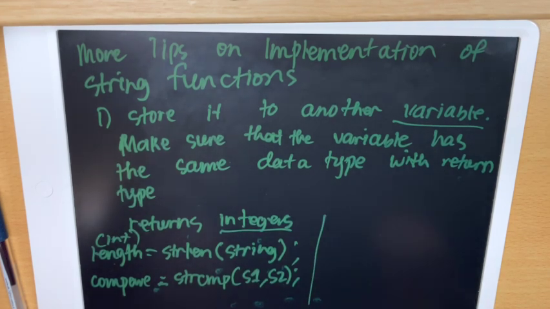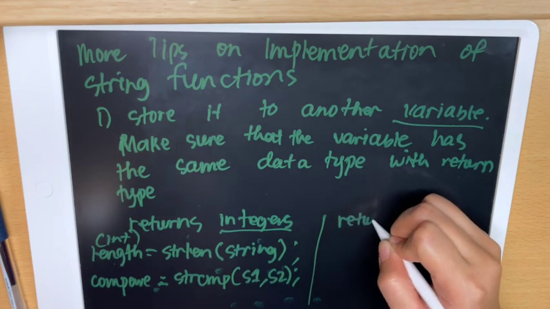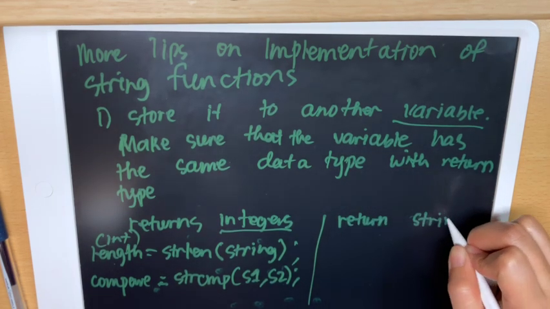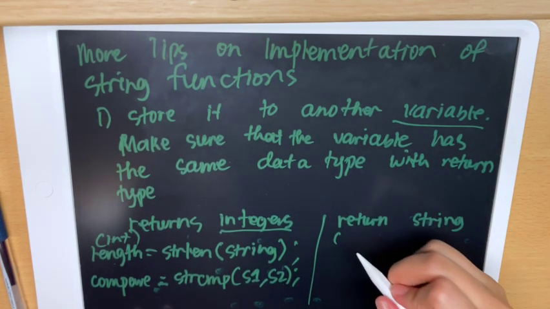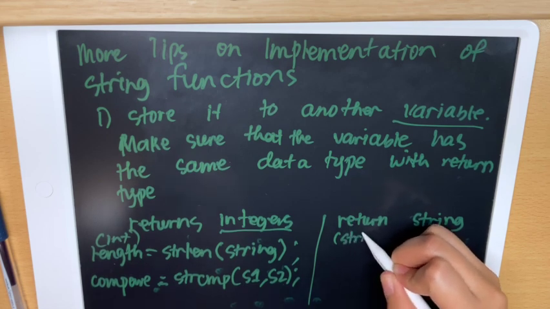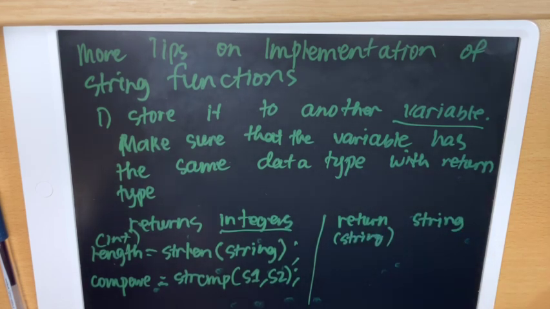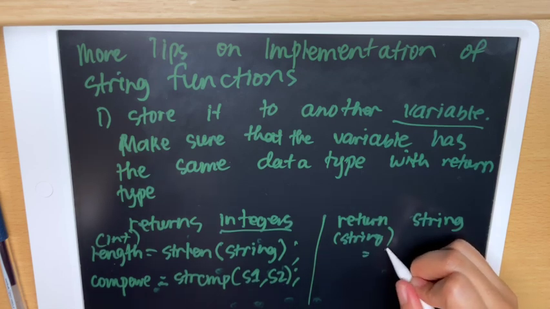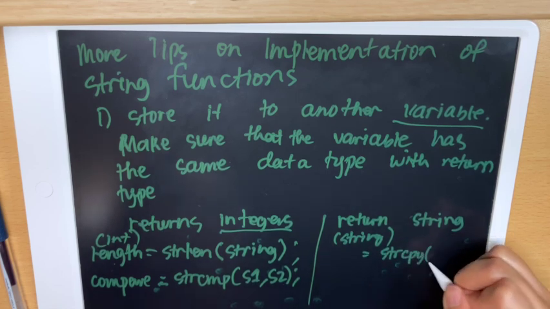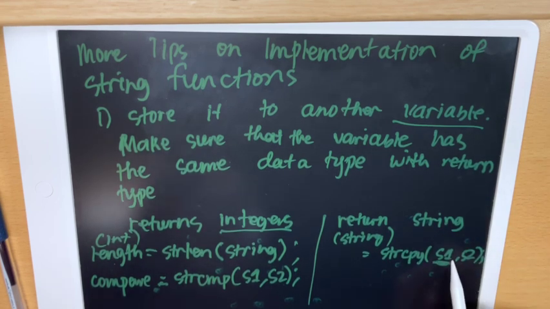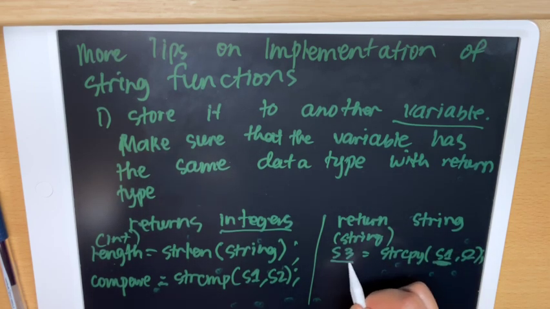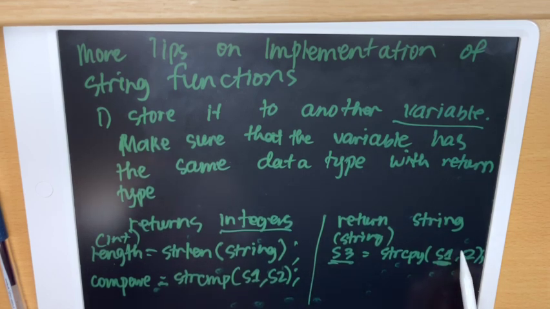Also, if the return value is a string, the data type of the variable should be string as well. So let's say, for example, you use string copy. Automatically it stores in the first one, the destination, but if you want to create another variable, you can store it like that. But S3 and S1 will have the same value.